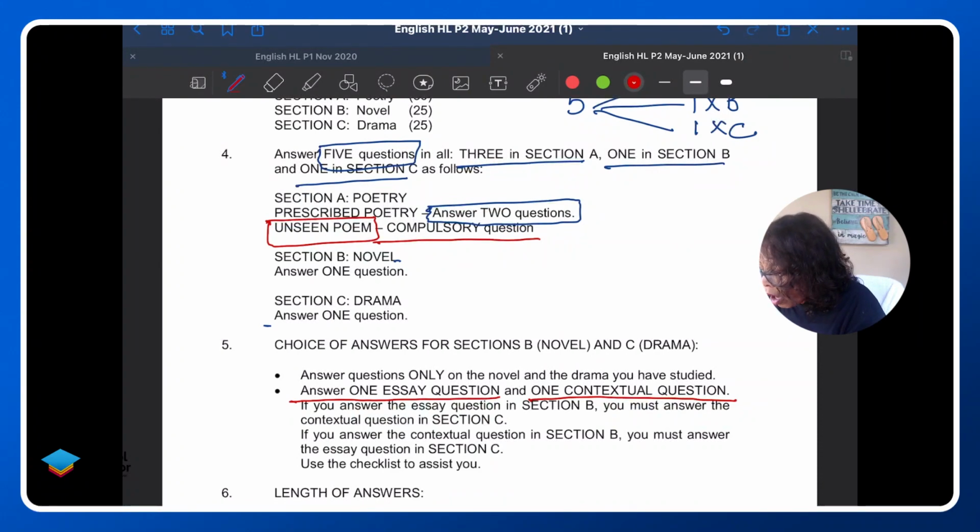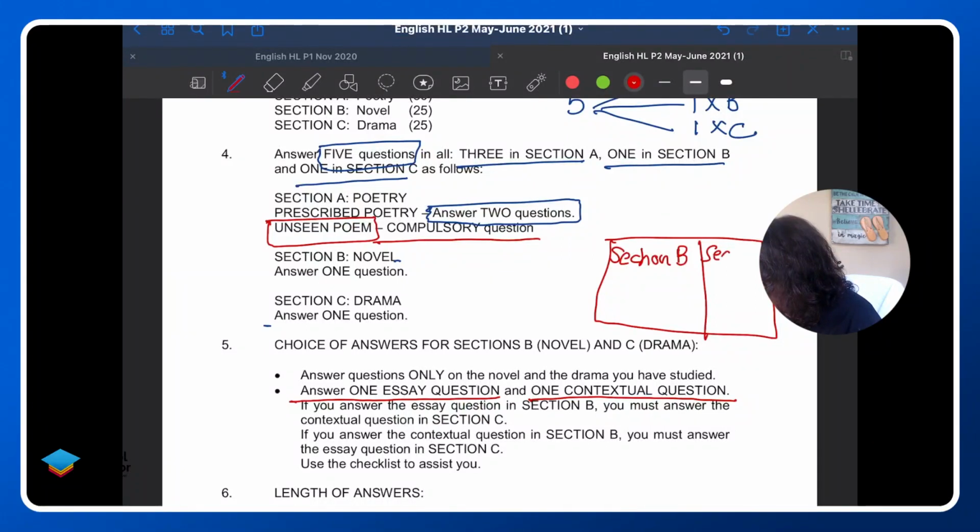So if you answer the essay question in section B, you must answer the contextual question in section C. And they even go on to explain again in the next point, if you answer the contextual question in section B, you must answer the essay question in section C. So in summary, essentially, this means that if you have the 2 sections, right? So you have section A, section B, sorry, and section C, right?